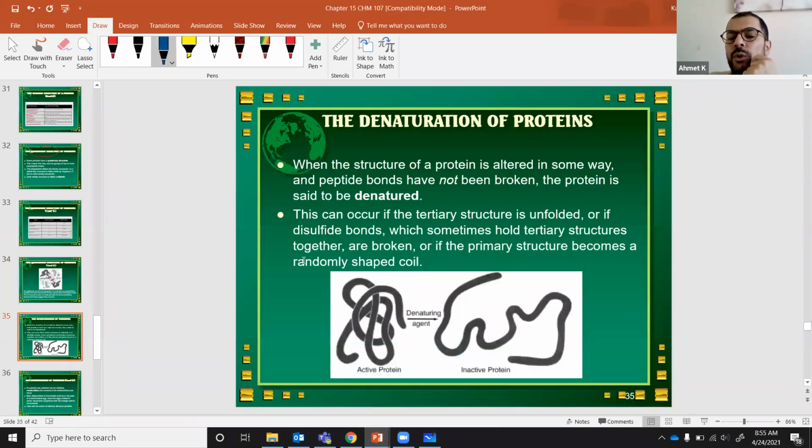All right, again, this is called denaturation. And if you denature, then it becomes an inactive protein. It's not active anymore. So basically, the primary structure is the same, but you are destroying the tertiary structure.